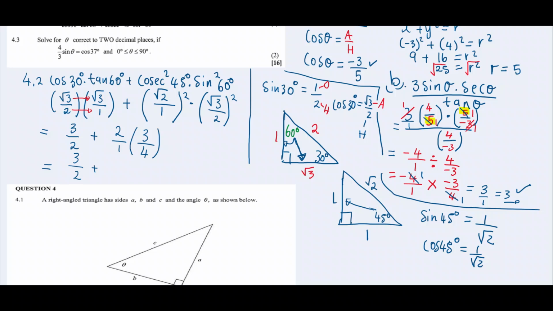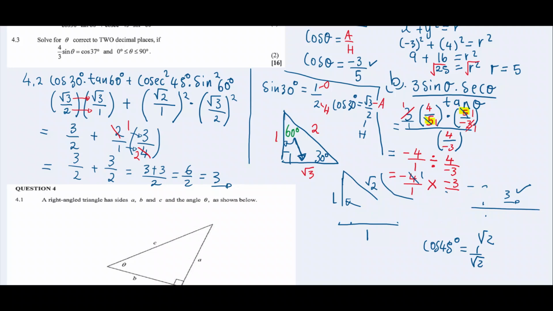So if we can simplify this part here, we can cross cancel. 2 goes into itself once, 2 goes into 4 two times, and if we multiply 1 times 3 and 1 times 2, we will get 3 over 2, and 3 over 2 is the same as 3 plus 3 all over 2, which is like 6 over 2, which is the same as 3. So the right answer for this one was 6 over 2, which was just equal to 3, right?